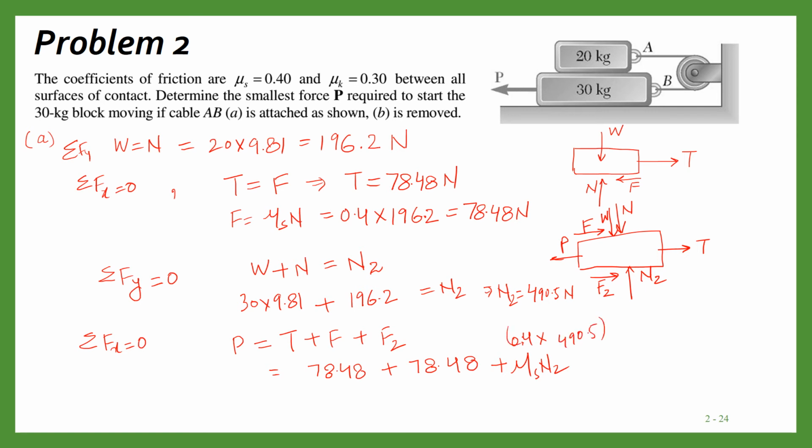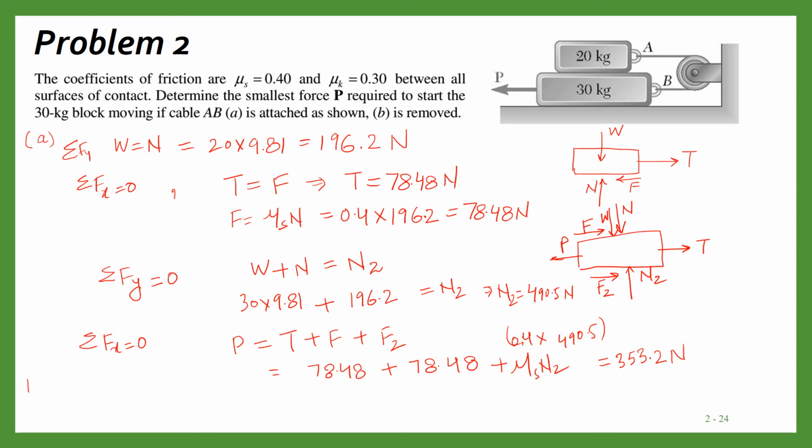So mu S we know 0.4, and N2 we know 490.5. So from this we can solve for P, and it comes out to be 353.2 Newton. So this is the smallest force which is required for the motion of block B when the cable is attached.